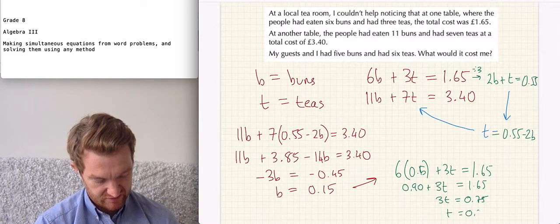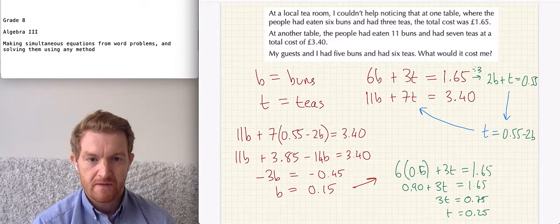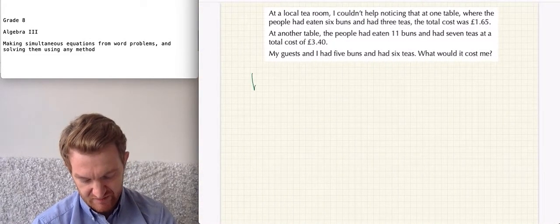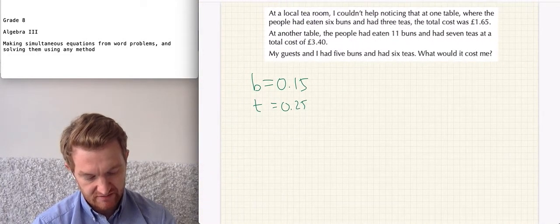T is 0.25. So we've got 15 and 25. Let's bring that forward. B is 0.15. T is 0.25. We need to put that into the second equation again. So 11b plus 7t is $3.40.